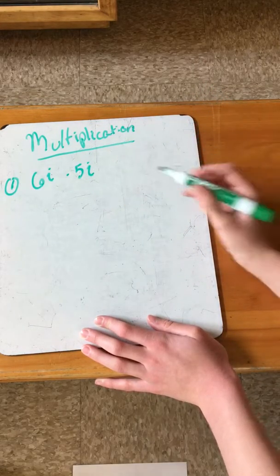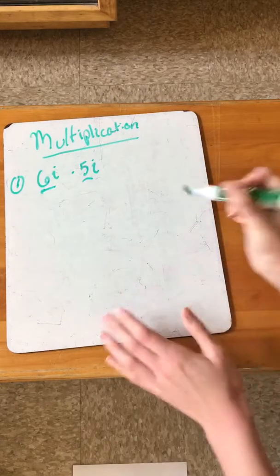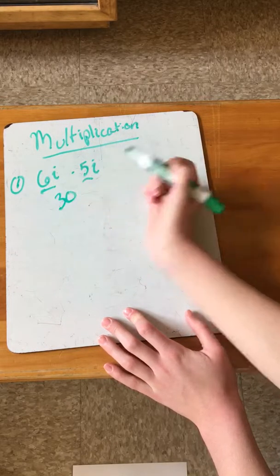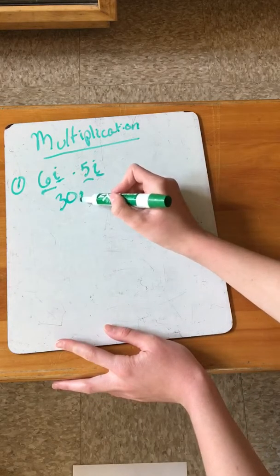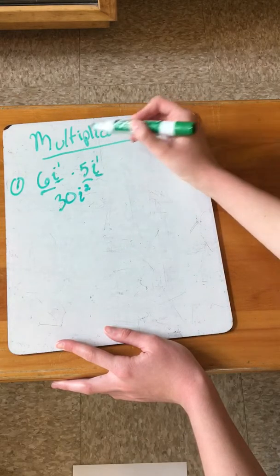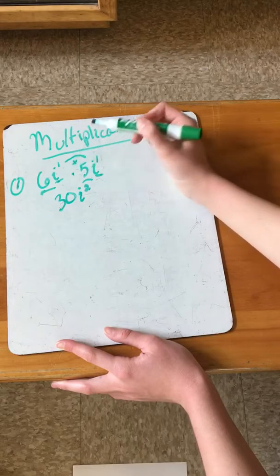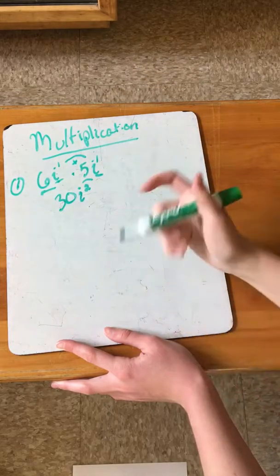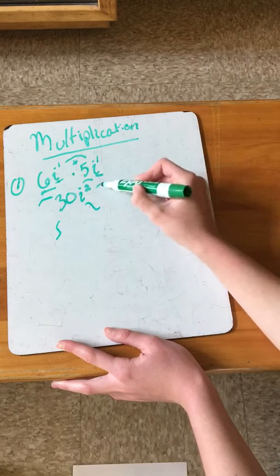You just multiply like constants, 6 and 5, to get 30. However, then you have an i off the back of them, and it's obviously going to be an i squared because each i has an exponent of 1. And whenever you multiply, the exponents must be added together. So your answer is 30i squared.